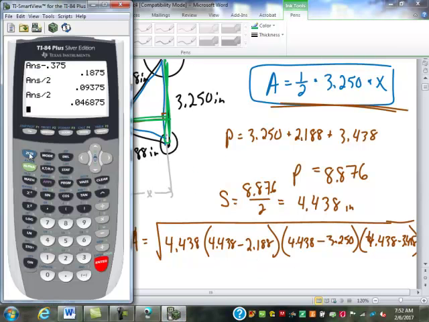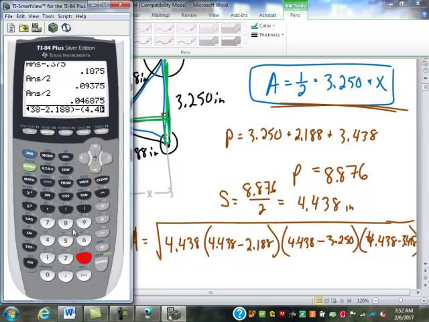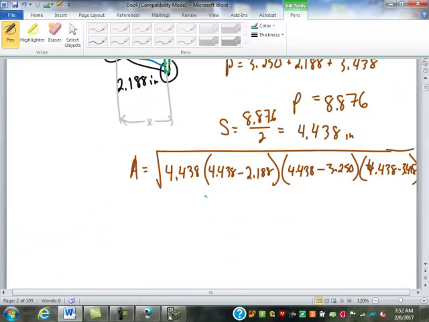So let's punch this in. I get 2.966 is my area.